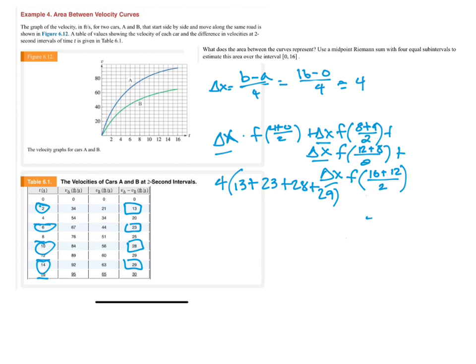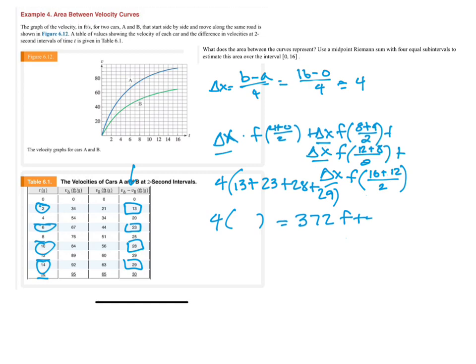Do y'all see where this last column of information is coming from? The velocity of car A minus the velocity of car B. Oh, that's really convenient. They already computed that for you, so you don't have to do that part. Spoiler alert, 4 times whatever that number is: 372 feet.